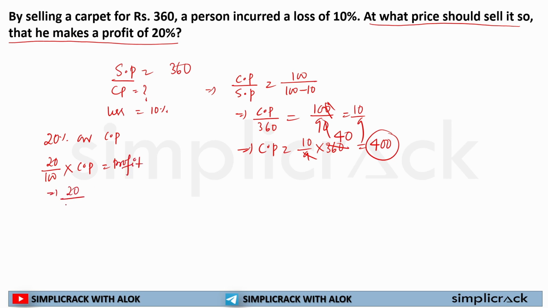So 20 divided by 100 into cost price 400 is my profit. If I divide 400 by 100, I will get 4. 20 into 4 is equal to 80. So 80 rupees is my profit. My cost price is 400. So my selling price will be 400 plus 80, which is 480.